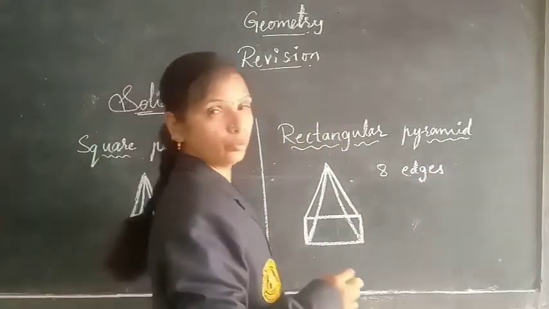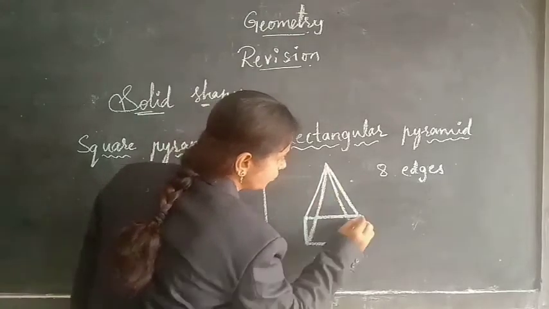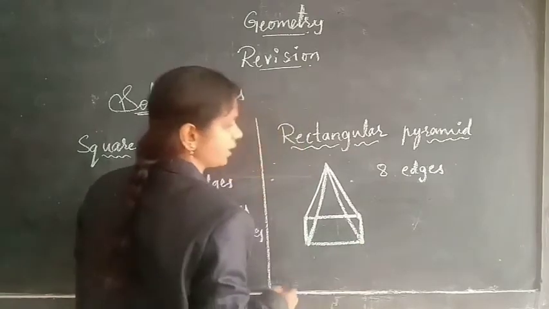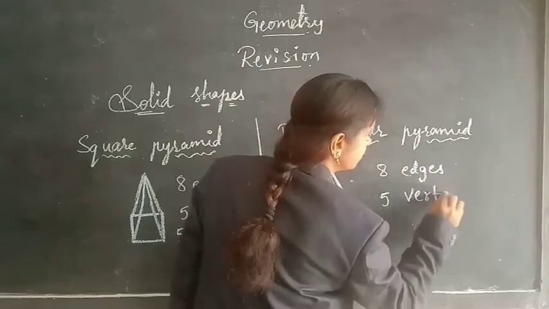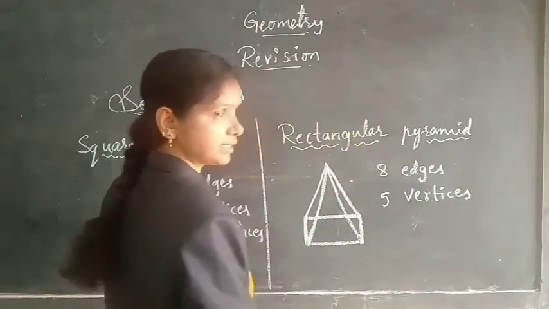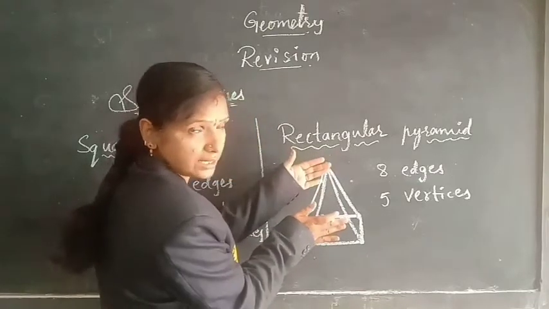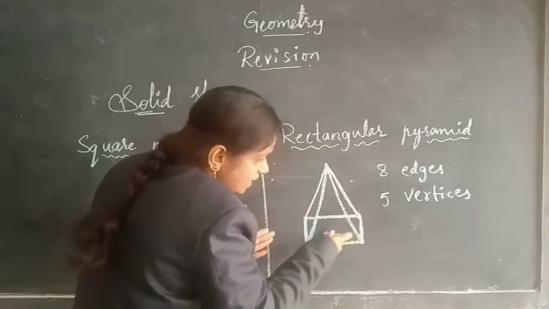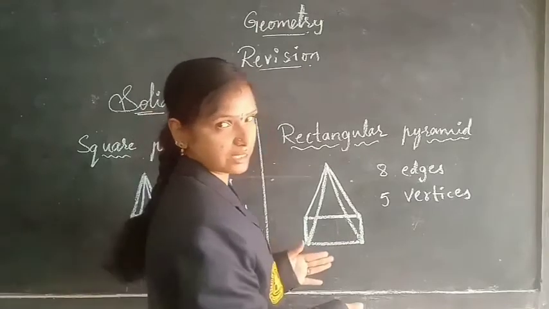Next, let's count the vertices or corners. 1, 2, 3, 4, 5. So a rectangular pyramid has 5 vertices. And let's count the faces here. Back one face, front one face, 2 faces, and left, right, so total 4, and the base is a rectangular shape, that face, total 5 flat faces it has.